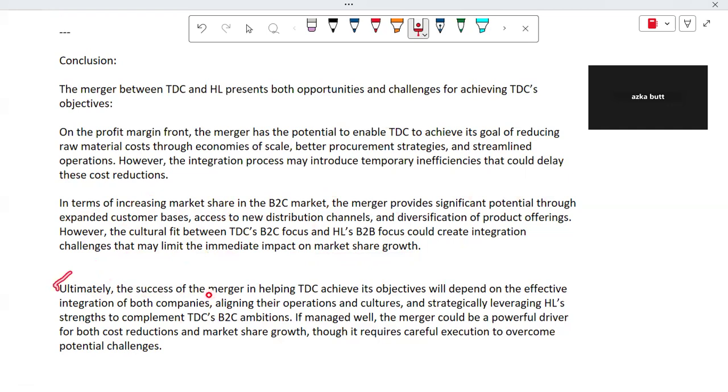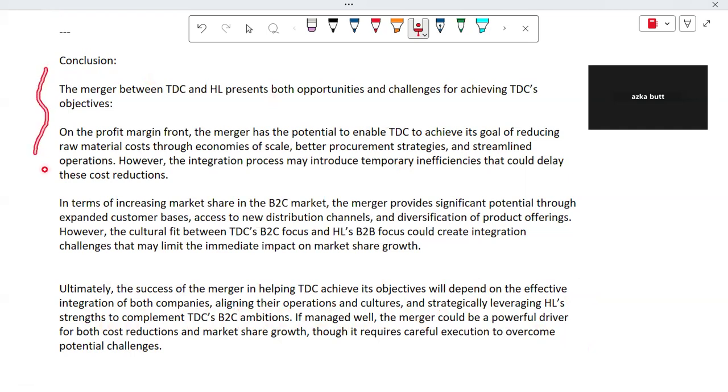Ultimately, the success of the merger in helping TDC achieve its objective will depend on the effective integration of both companies, aligning their operations and cultures, and strategically leveraging HL's strengths to complement TDC's B2C ambitions. So this is my suggestion, as you can see.